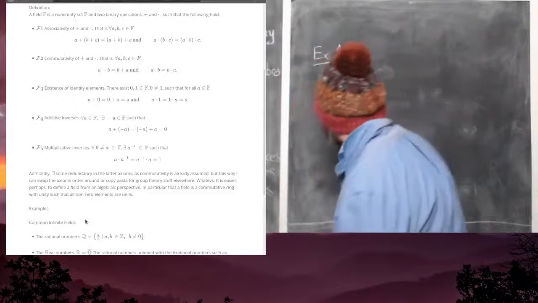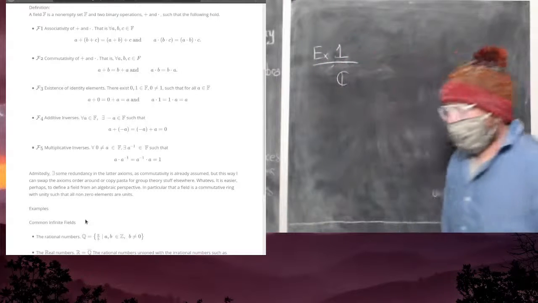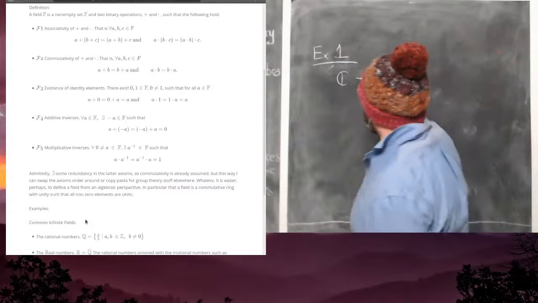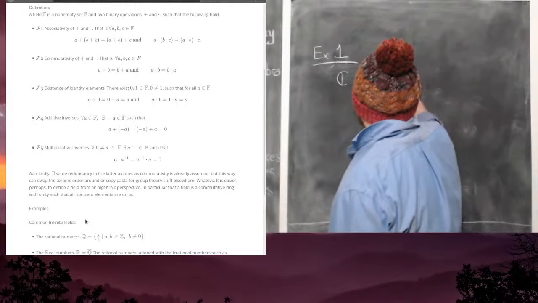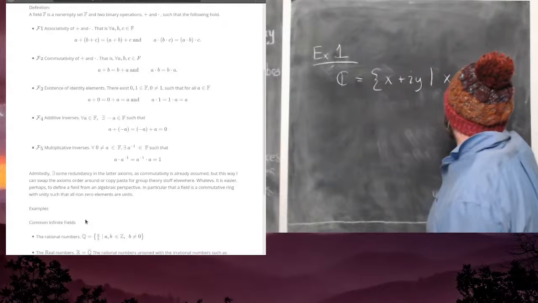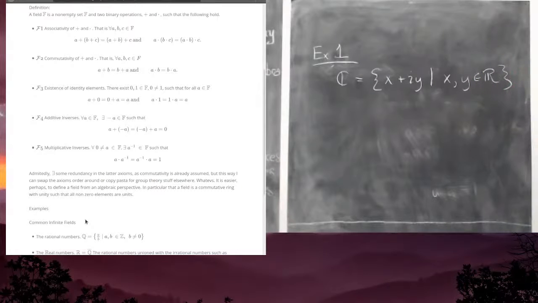But there's another field that's also very nice, and that's the complex numbers. These are nice. Right, and this is the set of all x plus iy, where x and y are real numbers, yeah? And the same thing happens.